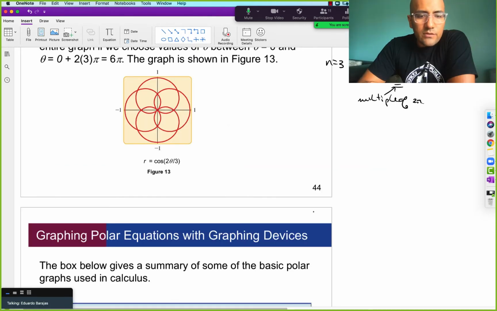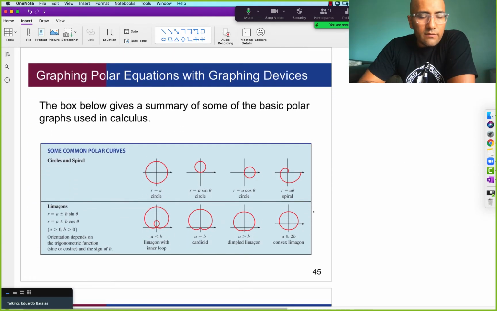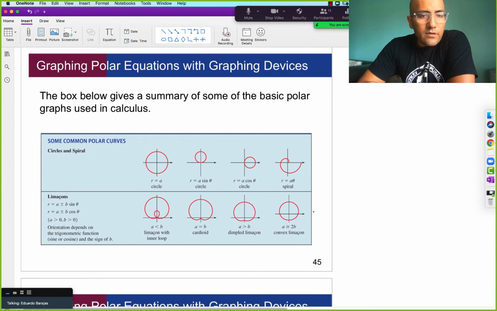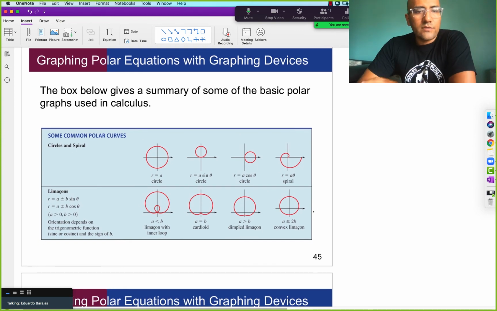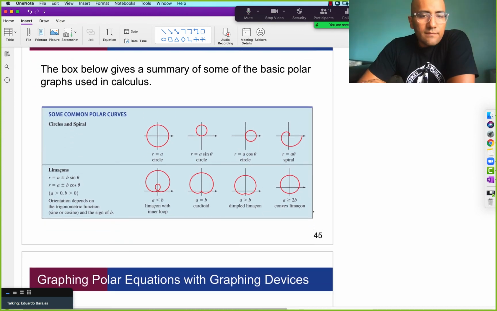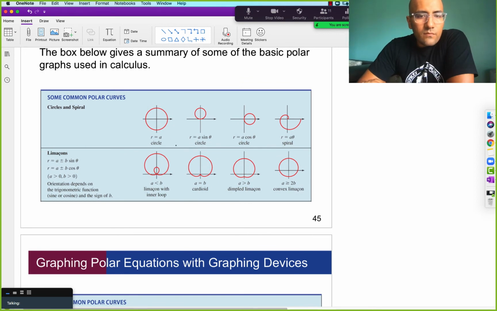Your book also gives you a nice little table of standard polar equations, some basic polar graphs. Right, so when r equals a constant, we're going to get a circle. When r equals a constant times sine of theta, we're going to get a circle like this, centered on what we used to consider the y-axis.